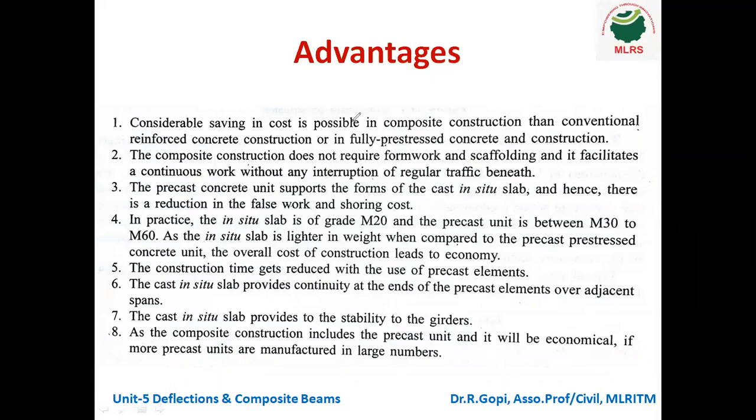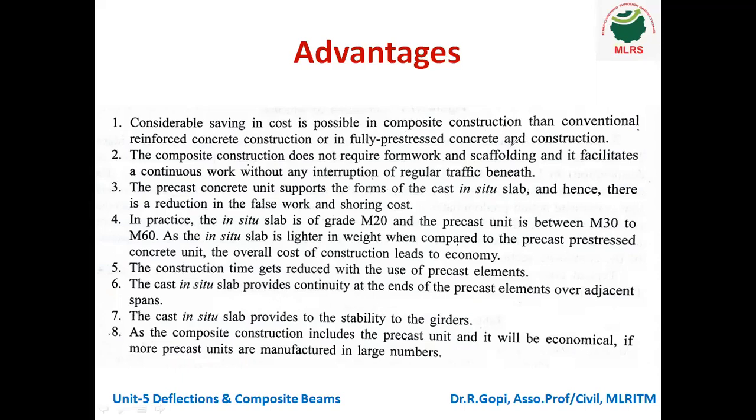In RCC, we use normal steel and lower grade concrete, so it is economical. Therefore, considerable saving in cost is possible in composite construction compared to conventional reinforced concrete construction or fully prestressed concrete construction.